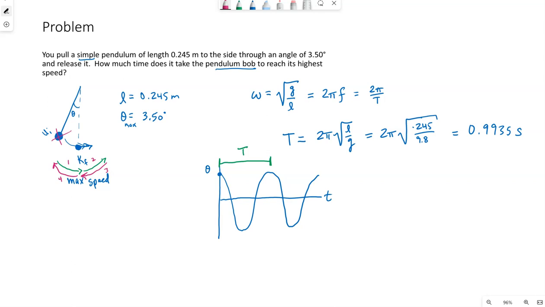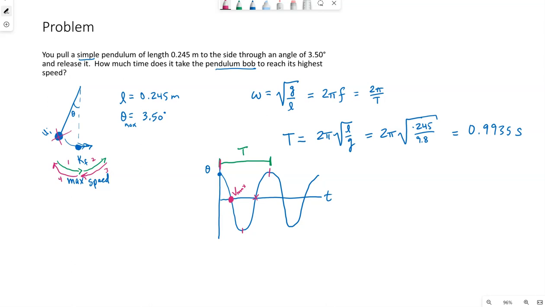If we want to look at that on the graph, we know that an oscillator is going to be moving fastest when it is passing through its equilibrium position. Then it gets back to maximum potential, maximum kinetic, maximum potential. This period is broken into 4 pieces.